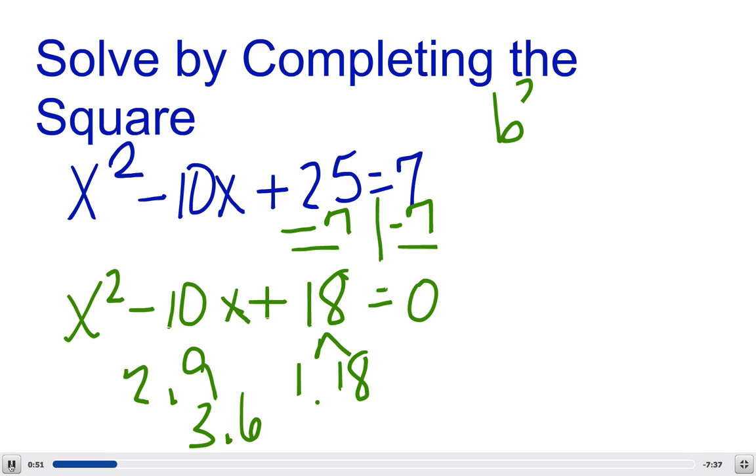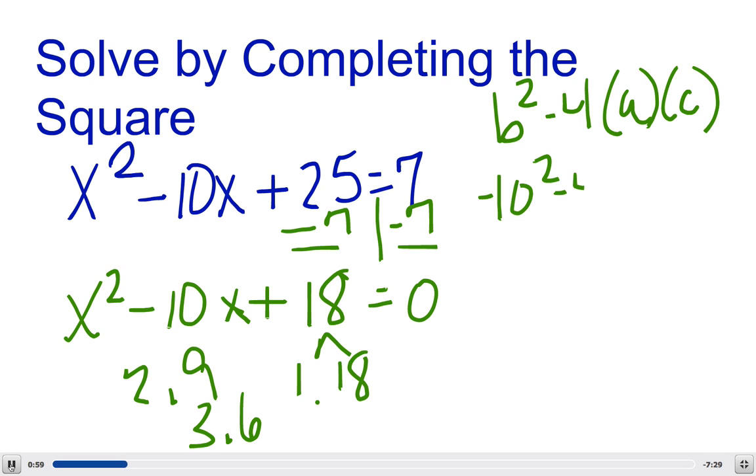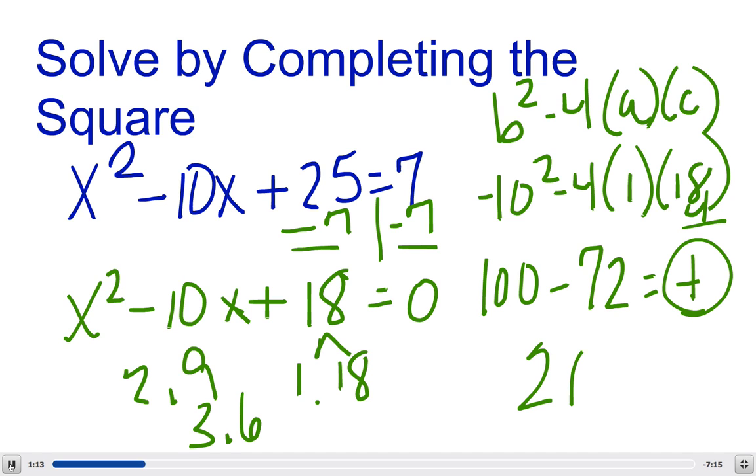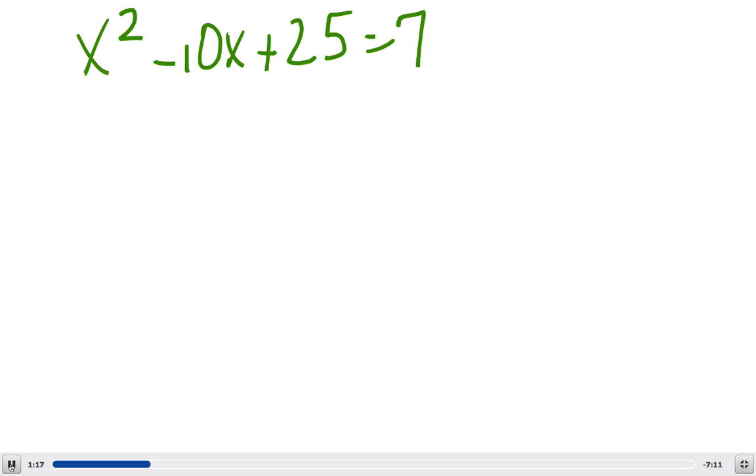However, if I look at my discriminant, b squared minus 4AC, I would end up with negative 10 squared minus 4 times 1 times 18. So I have 100 minus 72, which is going to give me a positive number. So therefore, I know that there's going to be 2 actual roots.